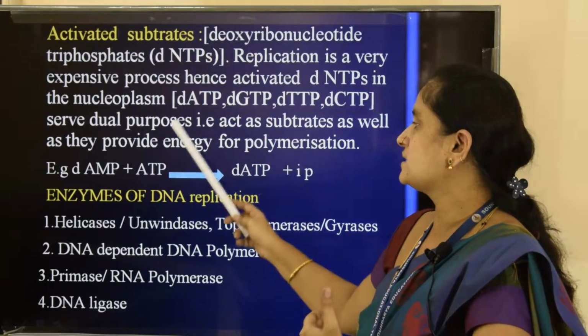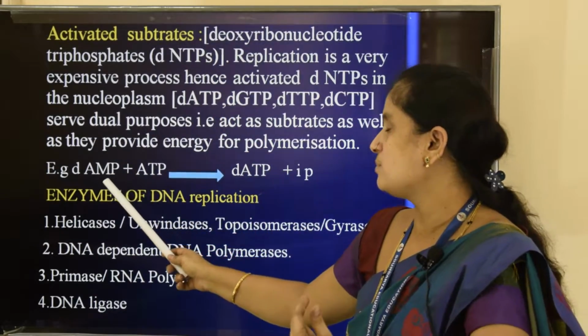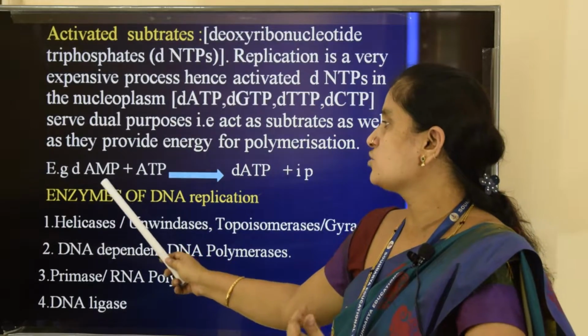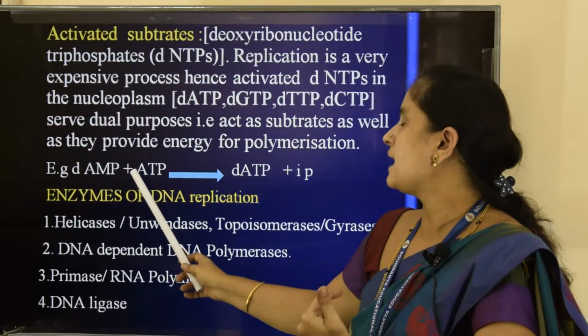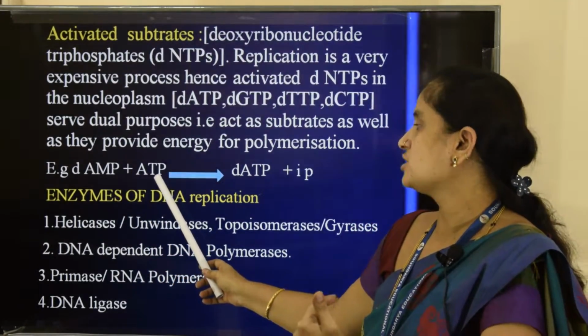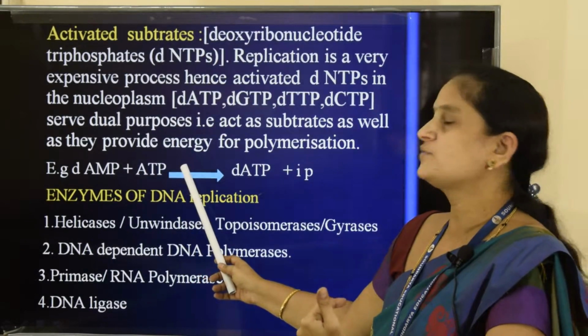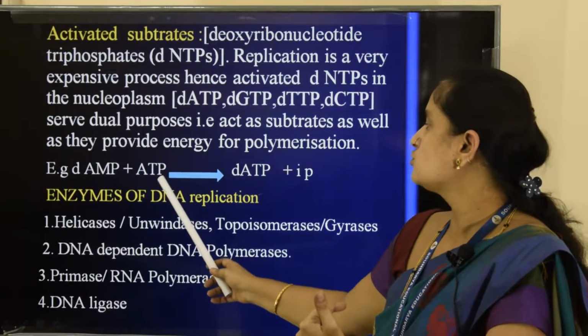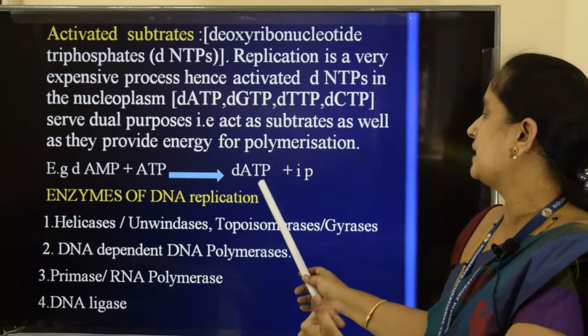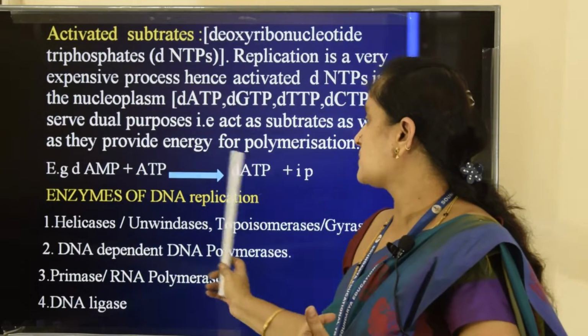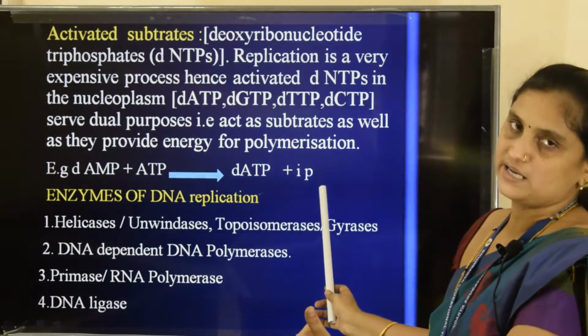So how are they getting activated? As an example, AMP, adenosine monophosphate, undergoes phosphorylation with the help of ATP, the energy currency of the cell, in the presence of an enzyme called phosphorylase, to form deoxyriboadenosine triphosphate and one inorganic phosphate.